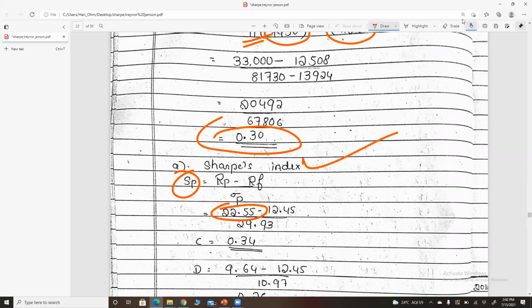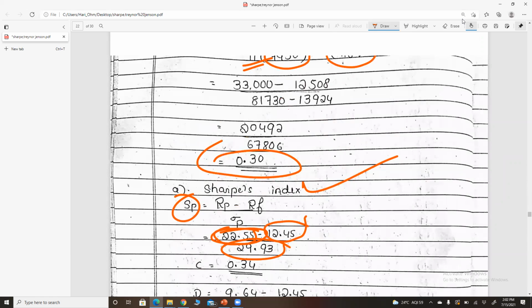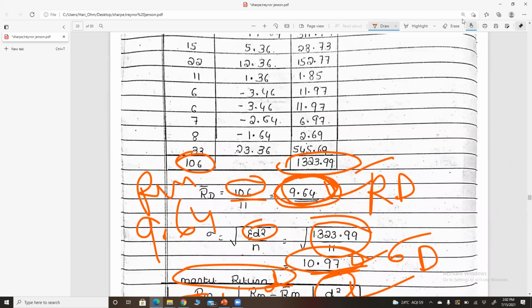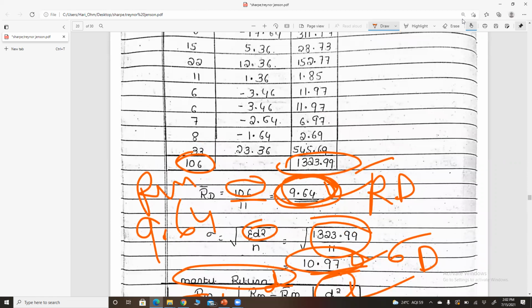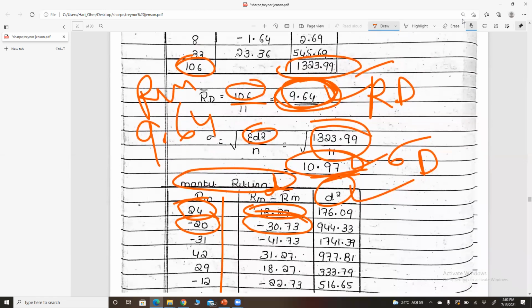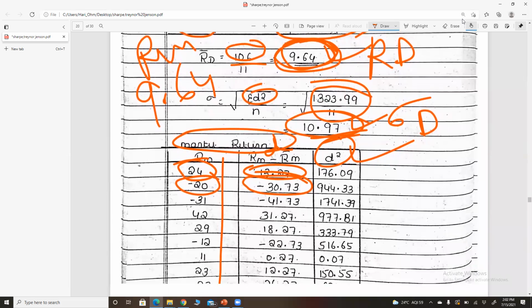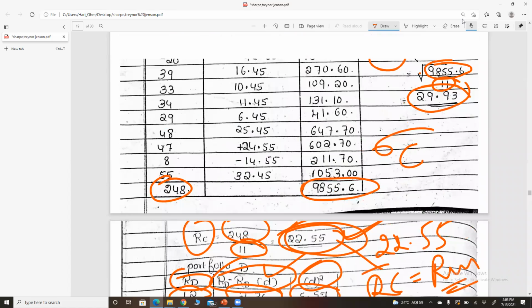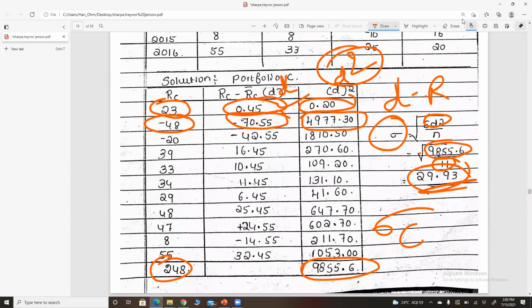Sorry, 22.55, that is the RP, and 12.45 is the RF. Then 29.93. Okay, here it is. See here, 29.93.